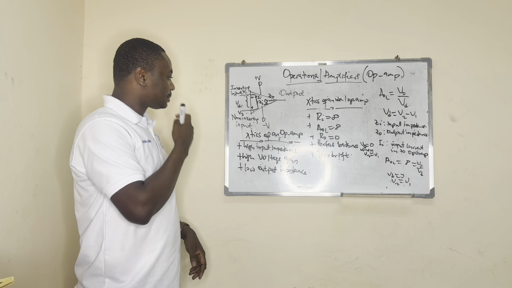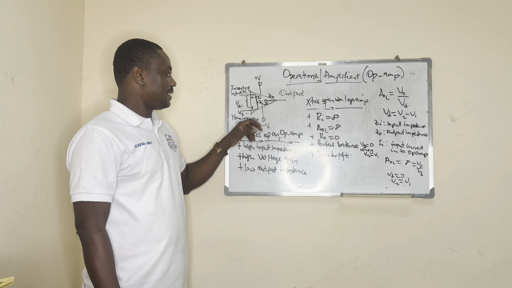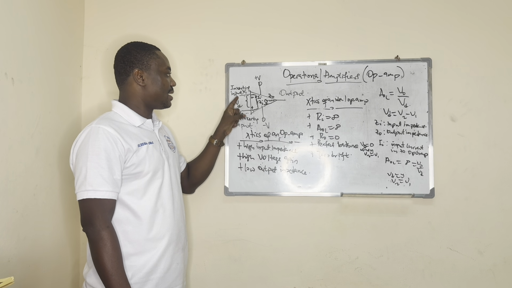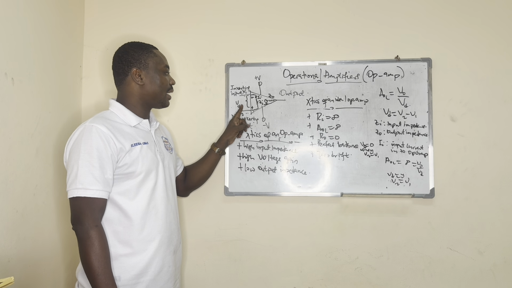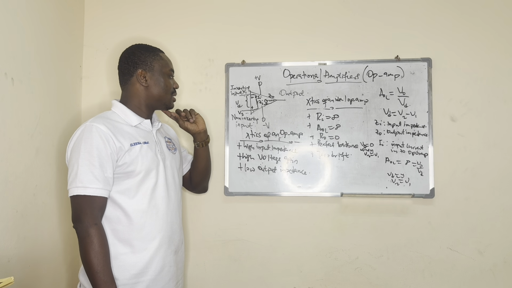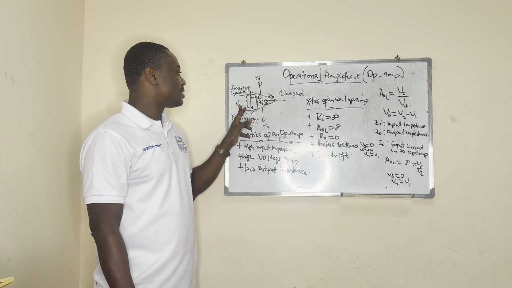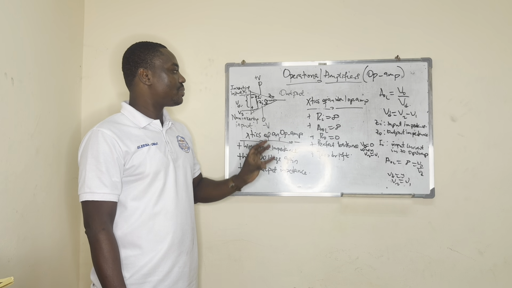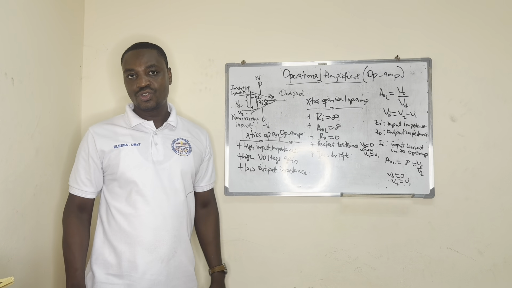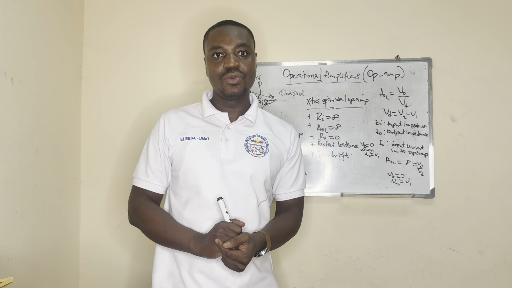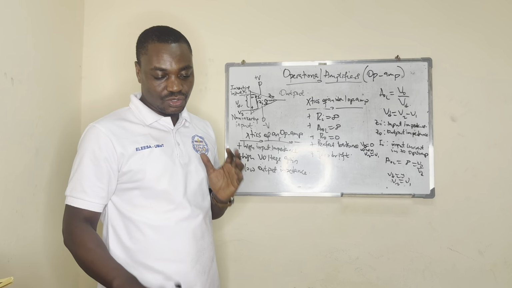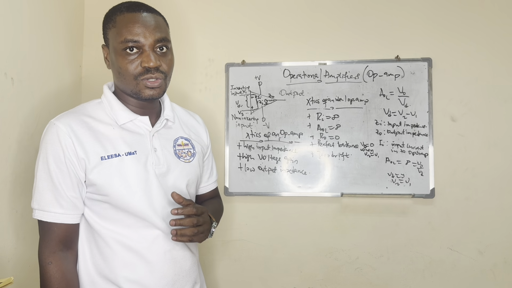Now, as we can see here, if we're having 2 terminals, that means we can get what we refer to as differential inputs. And when it comes to an operational amplifier, the inputs are mainly going to be voltage sources.